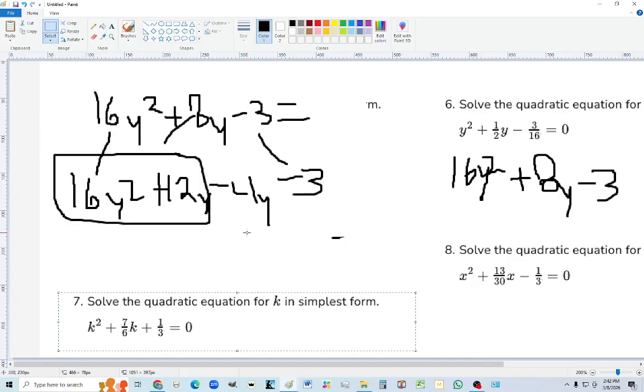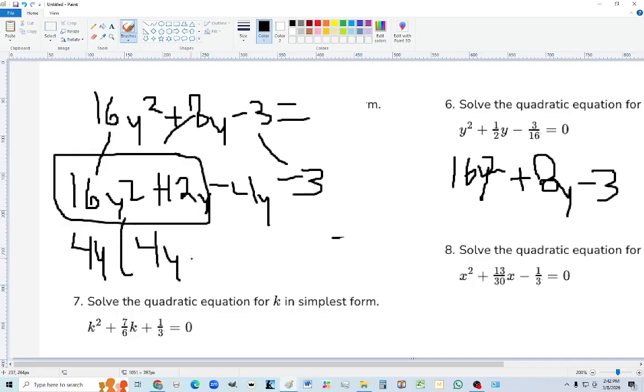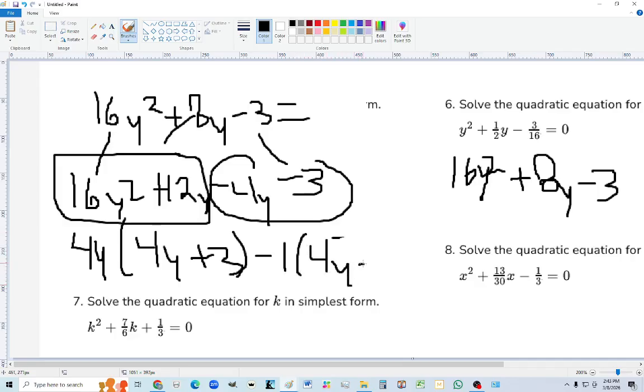The answer is they're both divisible by 2. Let's see, it becomes 6 and 8. They're both divisible by 4. So if I factor a 4 and a y from them, I get 4y plus 3. Over here, I factor these terms. You might say they have nothing in common, but I don't want the first term to lead with a negative. So I factor out minus 1, and I'm left with 4y plus 3.